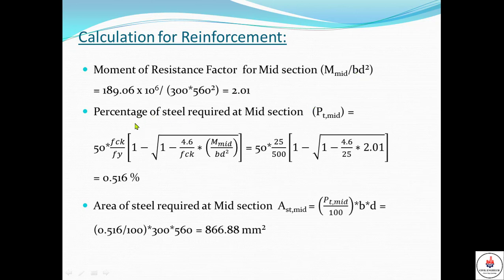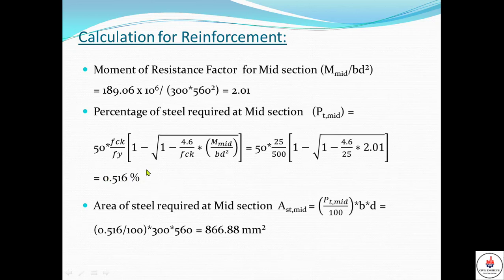After that, we have to calculate the percentage of steel required at the mid section, denoted as PT mid, using the same formula we used for the percentage of steel required at the support section. By calculating this, we get the percentage of steel for the mid section, which is 0.516%.